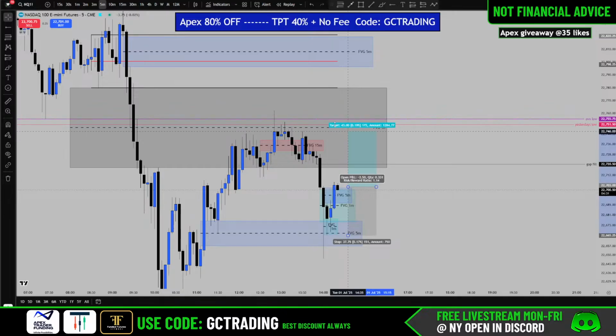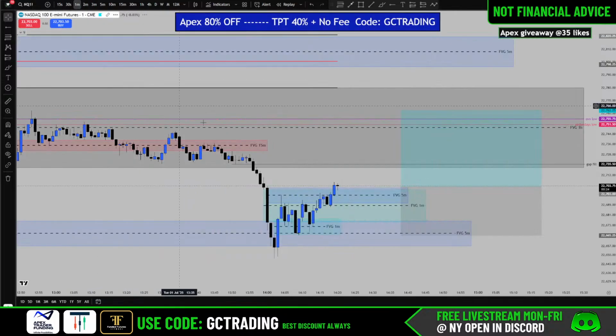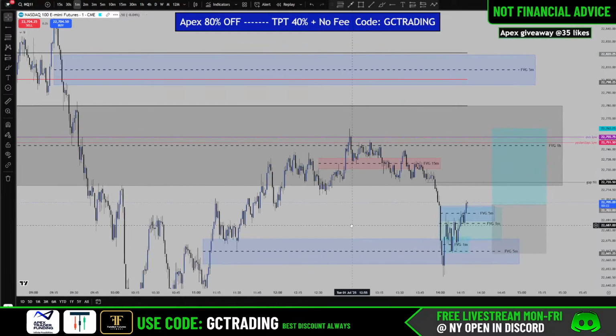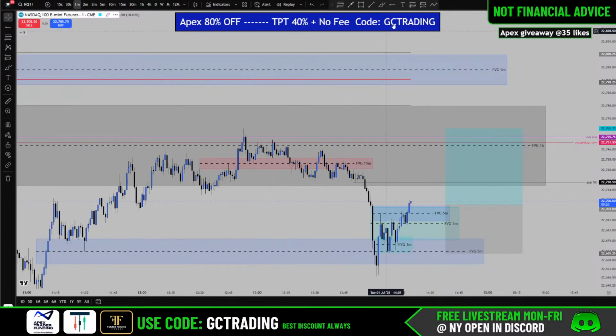What do you think here? What do you think? Yeah, I'll probably take off some right here. This will probably be my main target, this high. I would say that right there, that gap entry.